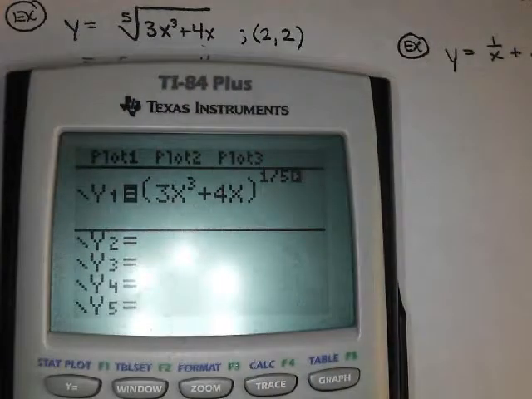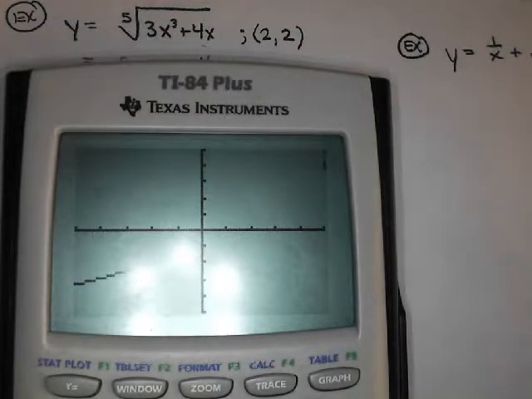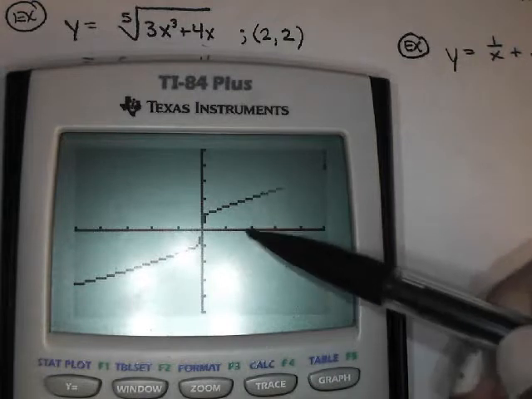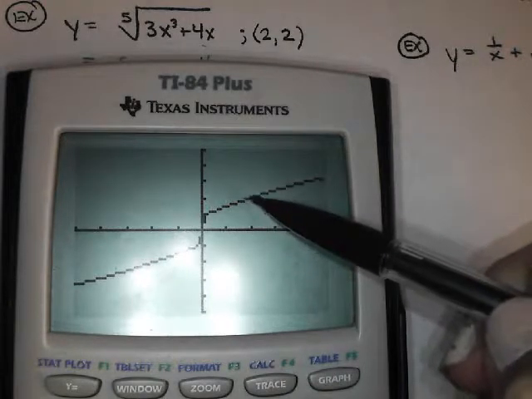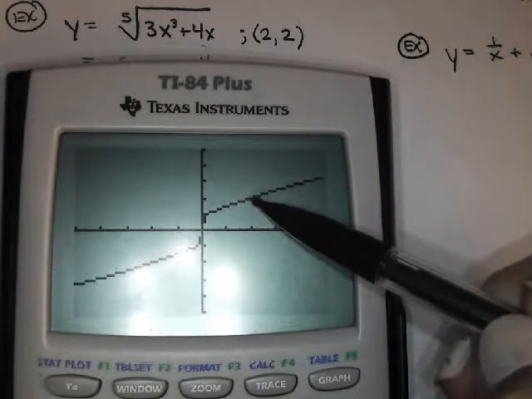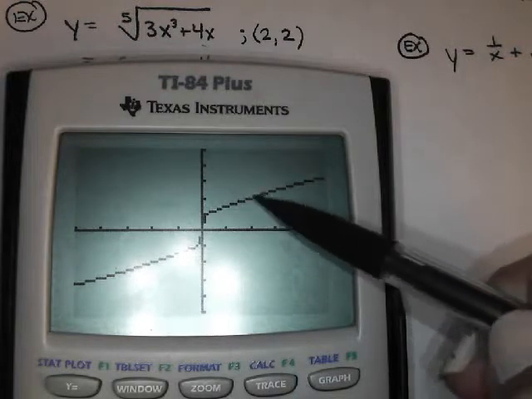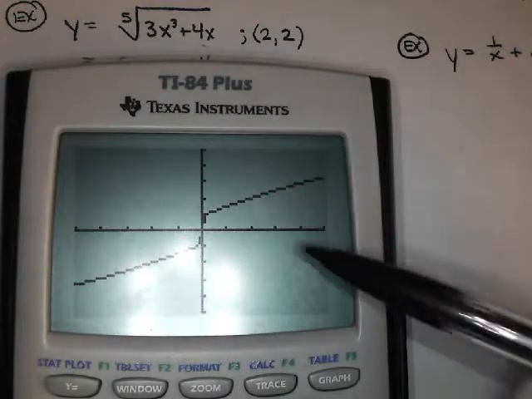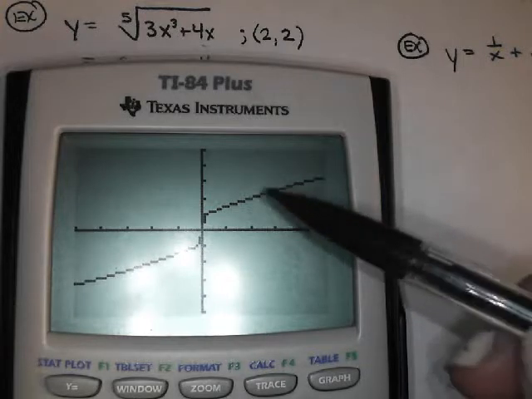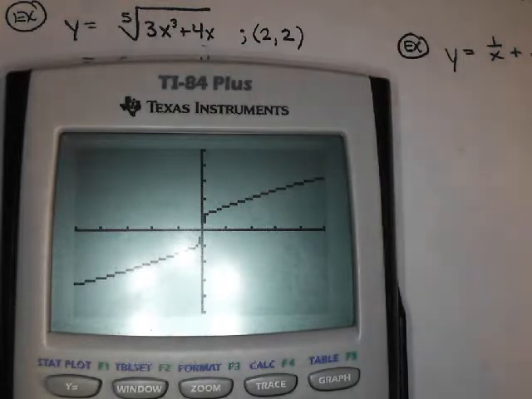So if we graph this function, it should go through the point 2, 2, and the slope at 2, 2 should be about positive a half. We can definitely all agree that it's positive, and a half looks about accurate. It's not overly steep, okay? So just, again, wrapping your head around what we actually just calculated there.